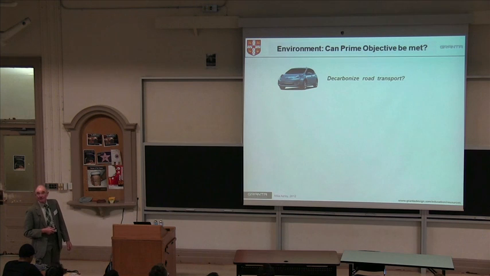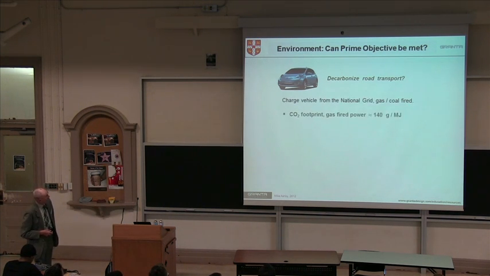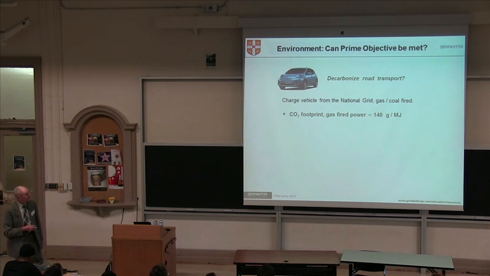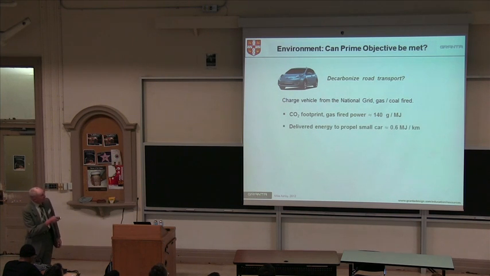Well, will it decarbonize road transport? You charge the vehicle on the national grid. The carbon footprint of an efficient gas-fired power station is roughly 140 grams per megajoule of energy delivered. That's at the plug in your house. I just mentioned the delivered energy to propel a small car is about 0.6 megajoules per kilometer.